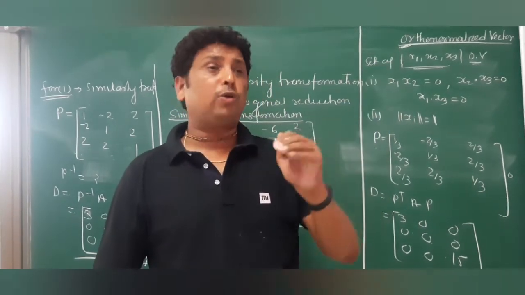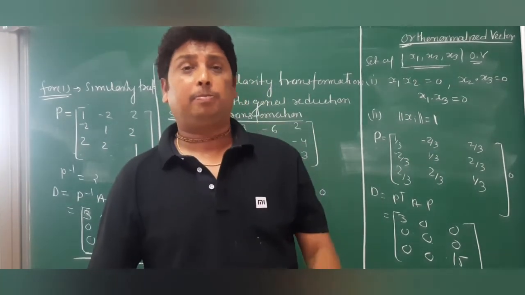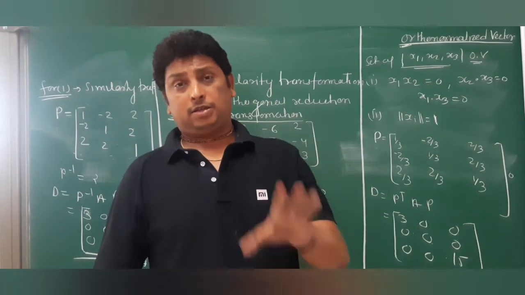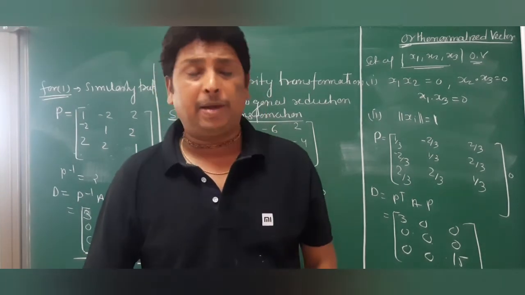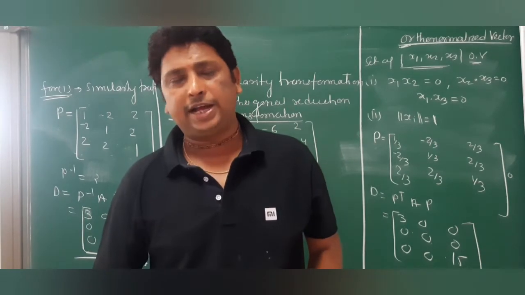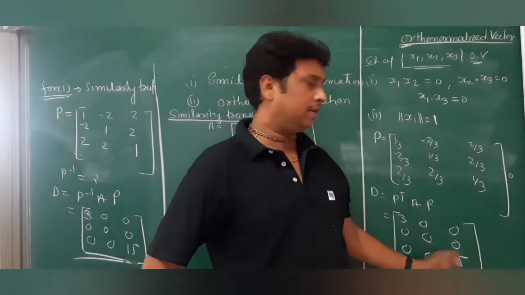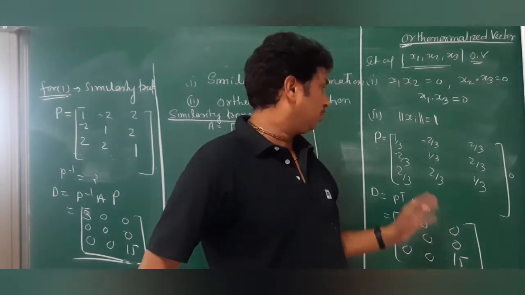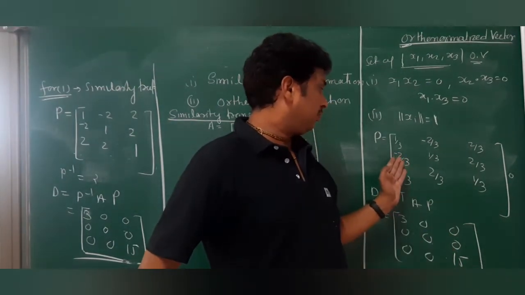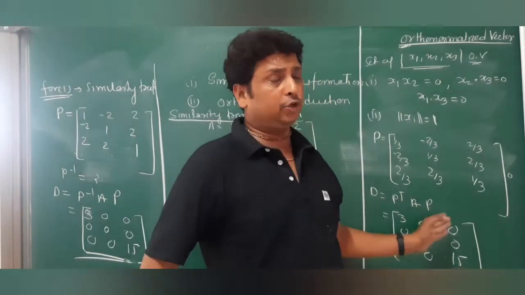Whose diagonal is non-zero, remaining all zero elements. And one property is there, eigenvalues of diagonal matrix is its diagonal element. So already we calculated the eigenvalues. So just write eigenvalues in diagonal, and that is your answer. If you want to check, you just write P transpose, A, and P and multiply, you will get.